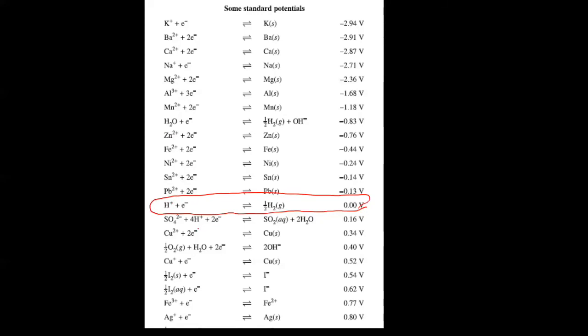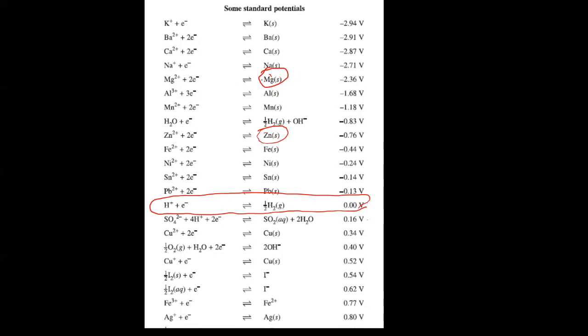But if you look at these elements, they all have positive E. So if there's a competition for gaining electron between H+ and, let's say, Ag+, definitely Ag+ can gain electron. Now let's look at Mg and Zn here. Which one can lose electron to the other?